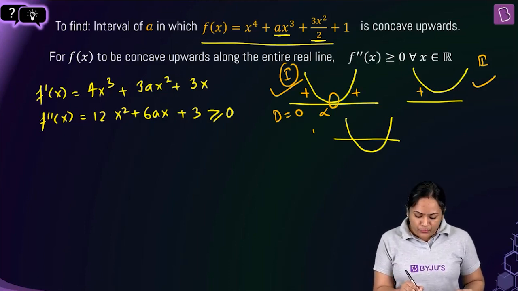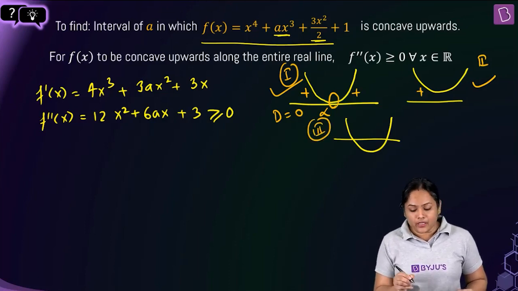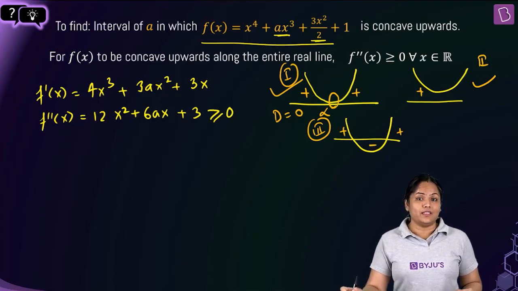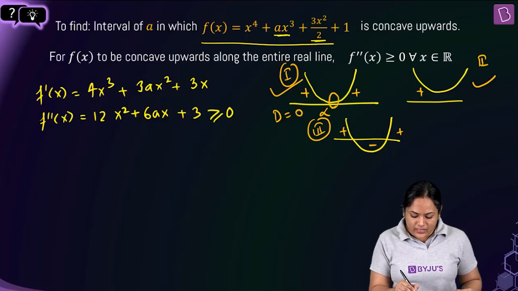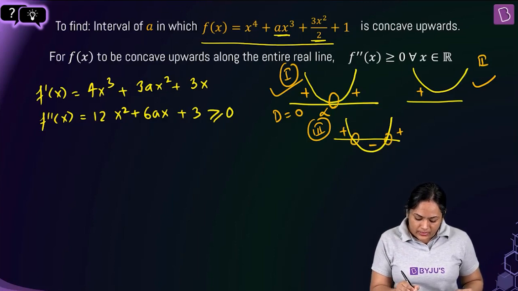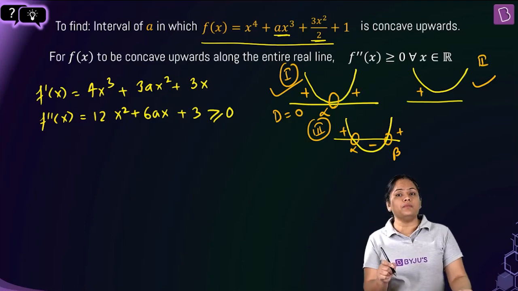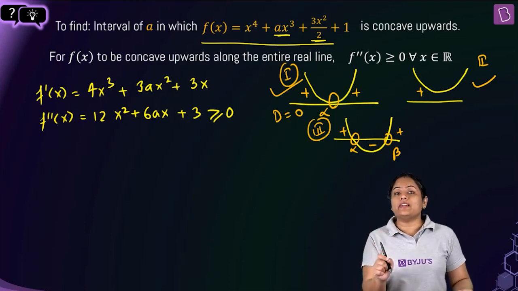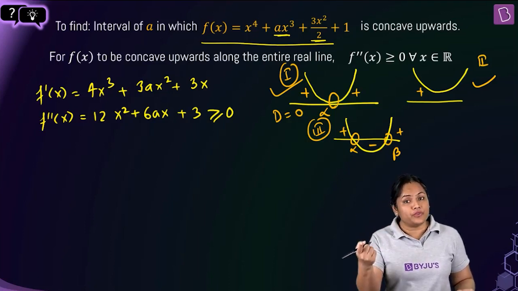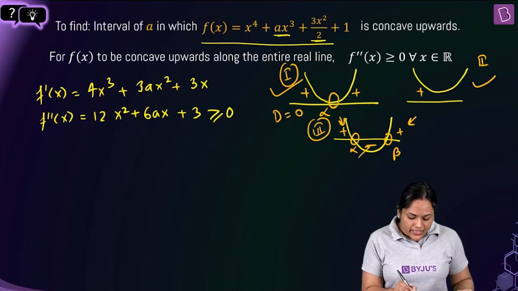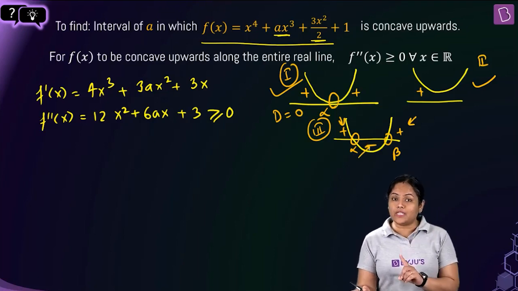But in my third case, f''(x) actually is changing sign. It becomes 0 at two points, let's say alpha and beta, and it is changing sign. So here we will not always have concave upwards. Whenever f''(x) is positive, it will be concave upwards, and when it becomes negative, it will be concave downwards.